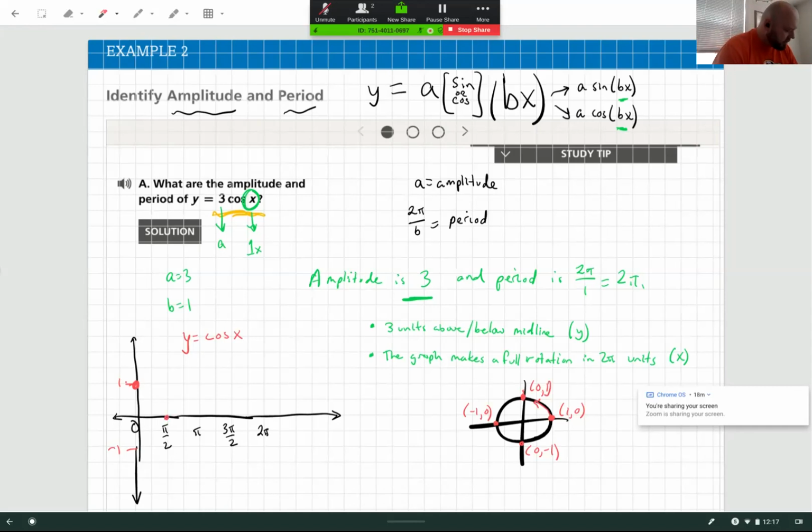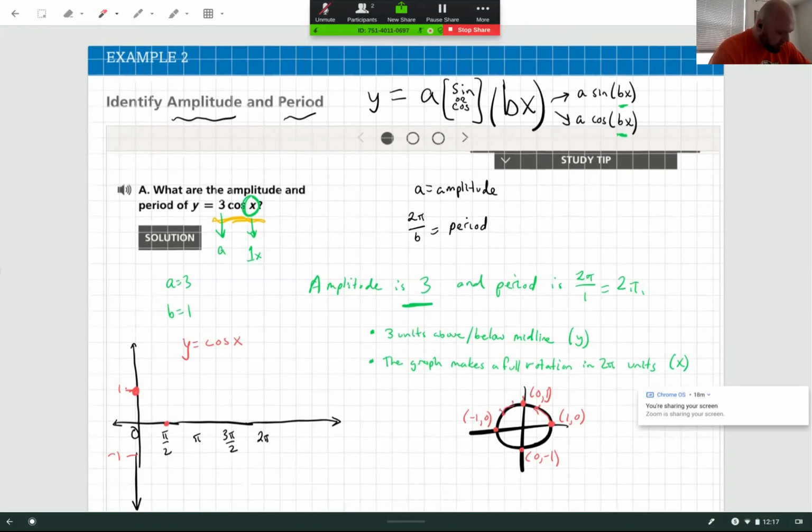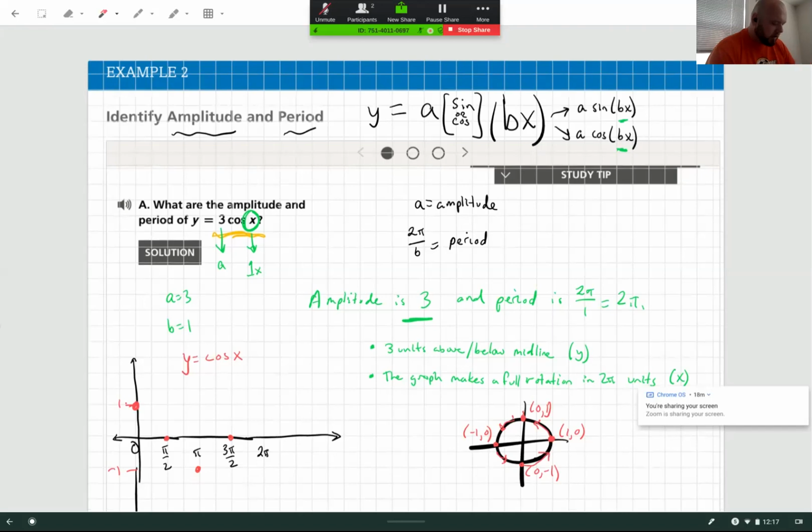So at pi over 2, I'm at 0. When I get to pi, I'm down at -1. You get to 3 pi over 2, you're back at 0. And then when you get back to 2 pi, you're back at a value of 1.